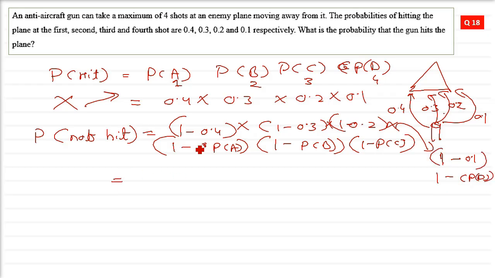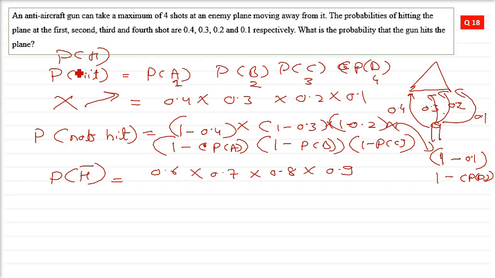So not hitting: 1 minus 0.4 is 0.6, 1 minus 0.3 is 0.7, 1 minus 0.2 is 0.8 and 1 minus 0.1 is 0.9. So this is the probability that the target, which is the enemy plane, is not hit by the anti-aircraft gun. This value we are taking as P(H bar). So 0.3024, if you multiply, is going to come.